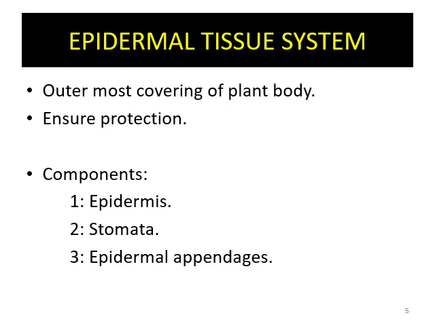When a single layer of epidermis is present, it is called uniseriate epidermis, while when the epidermis is composed of many layers, it is called multiseriate epidermis. And if the epidermis is present on the roots, then it is called rhizodermis or epiblema.